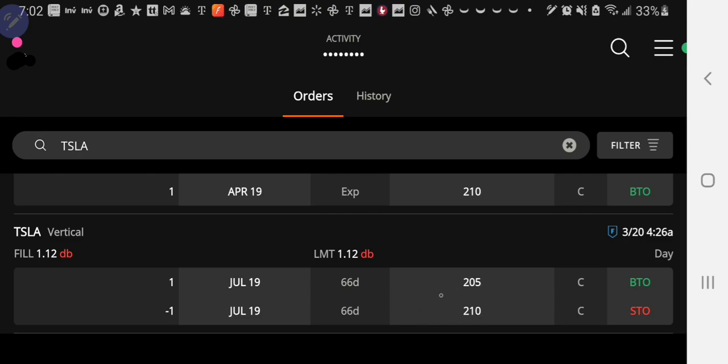Now, remember I said this was my first one. I didn't show you whether I have multiple or not, and I didn't tell you why I put the trade on. I'm not going to do that just because I don't want anybody copy trading, because that is one of the worst things that you can do. If you copy somebody else's trade, then it's that much easier for you to not have conviction behind it.